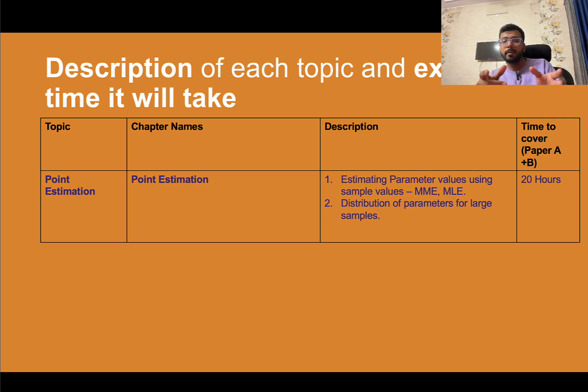That is point estimation. And here we have 2-3 methods given to conduct point estimation. And then we talk about the distribution of the parameters of a large sample. That's the second half of this chapter. What happens if we have a very large sample? How are the parameters basically distributed there?